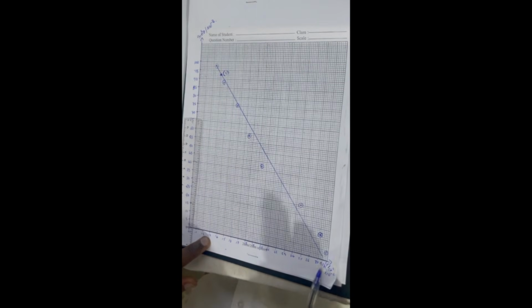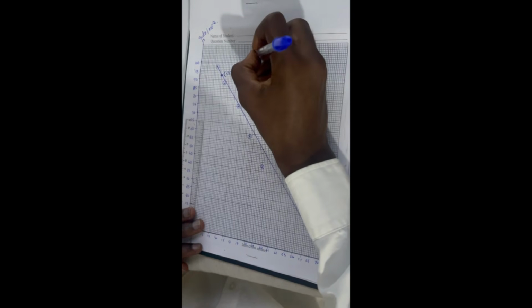So here will be 13, and remember, any point I'm taking here should be times 10 to the negative 2. So 13 times 10 to the negative 2, comma, then here between 90 and 95 is 92.5 times 10 to the negative 2.